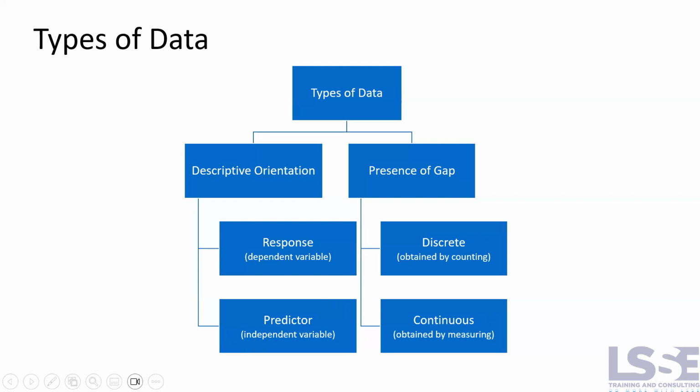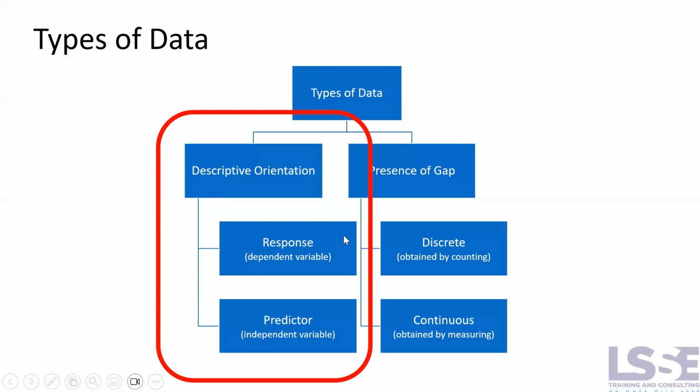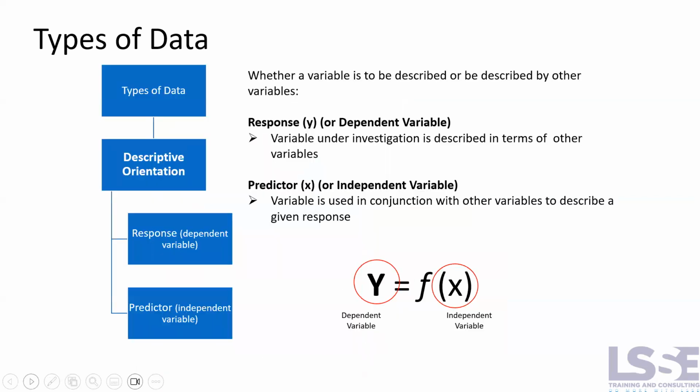Let's give examples. Let's tackle first descriptive orientation, whether it's a response or a predictor. The way to describe it is to look back at this equation we're probably familiar with from algebra: Y equals f of x.